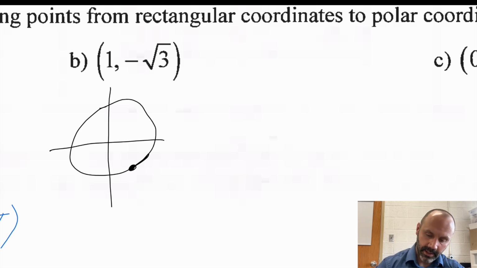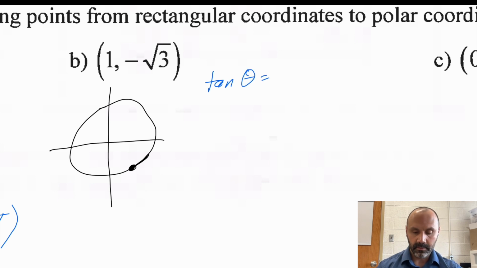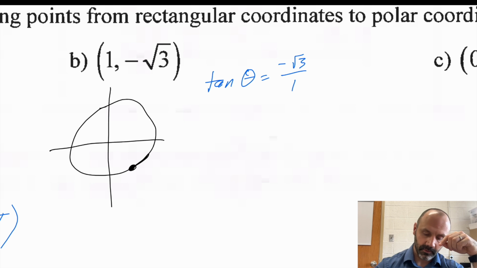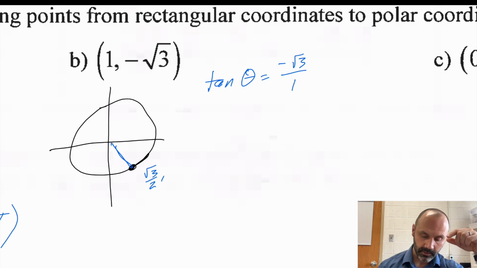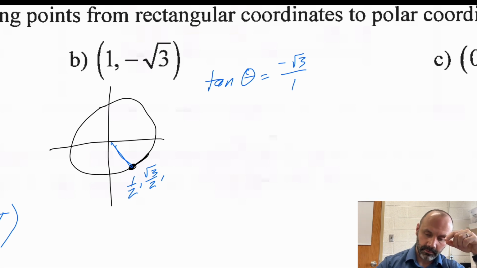So we know that tangent of theta is going to be, again, the sine over cosine. So negative root 3 over 1, which is negative root 3. Which set of coordinates gives me negative root 3? That's for when I'm here. And so in the standard unit circle, this would be 1/2, comma, root 3 over 2.